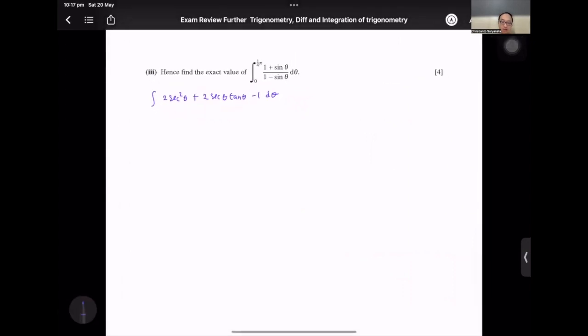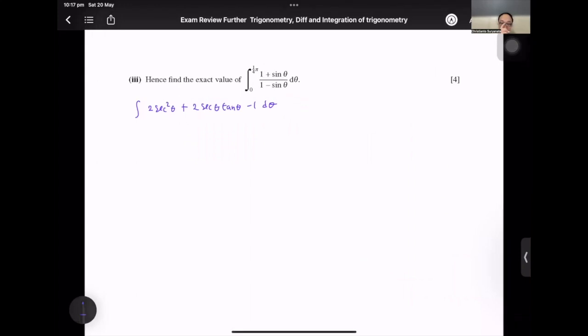Now we work on this. We can split the integration first. It becomes integral 2 secant square theta d theta plus integral 2 secant theta tangent theta d theta minus integral 1 d theta.